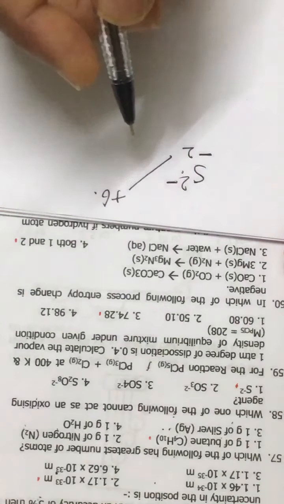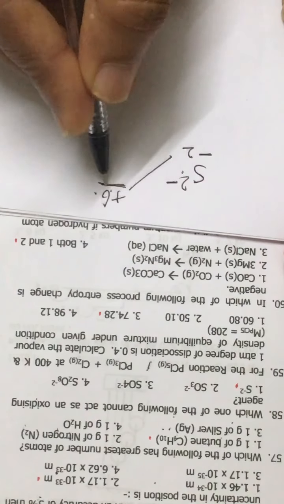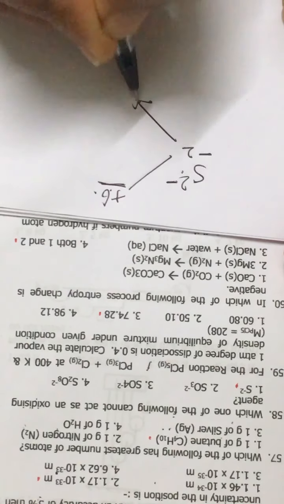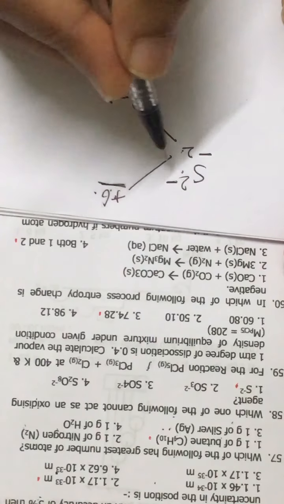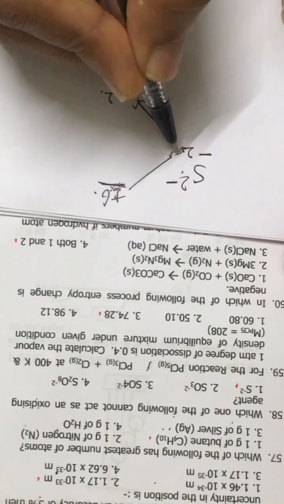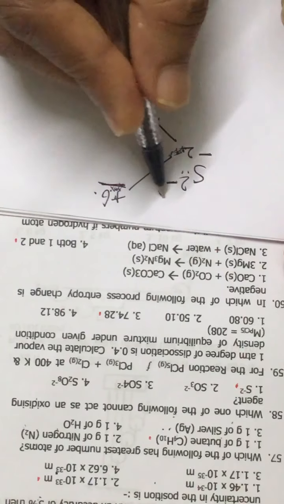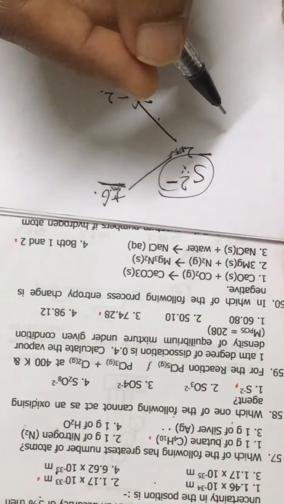For sulfur, the valence electron configuration is 3s2 3p4. So highest possible oxidation state is +6, but it cannot be further reduced. So it can be oxidized. That means if it is self-oxidized, it can act like reducing agent. Alright. So it can behave like only reducing agent, not oxidizing agent.